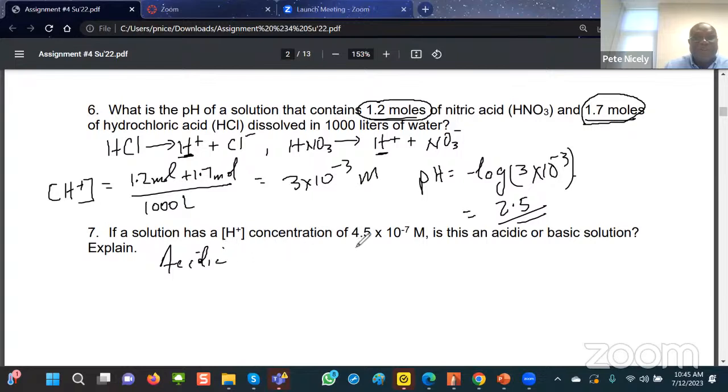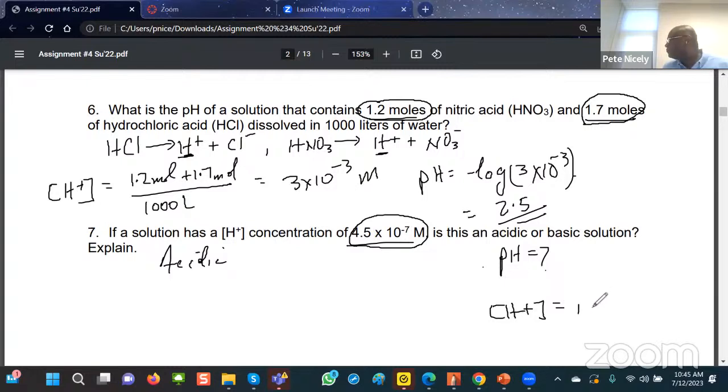But what you have done is compare this value, which is the concentration of H plus, to the pH for a neutral solution, right? You're not comparing the concentration to the pH. You're comparing the concentration of H plus in this solution to the concentration of H plus in a neutral solution, which is 1.00 times 10 to the minus 7, right?